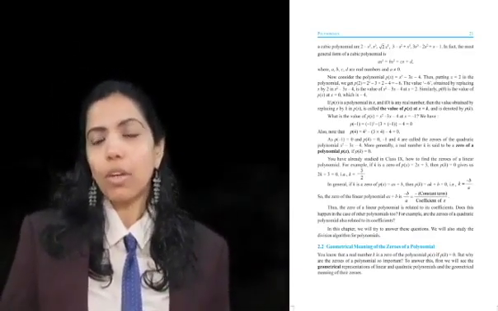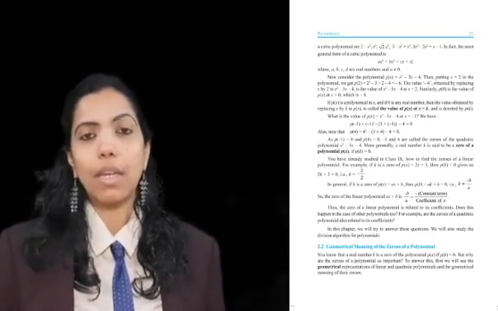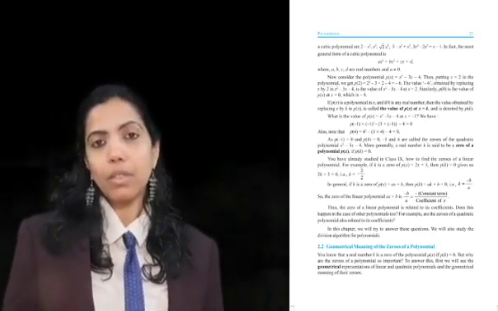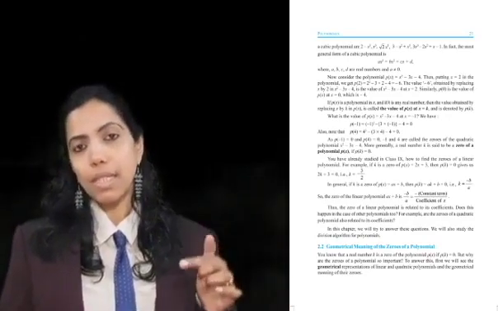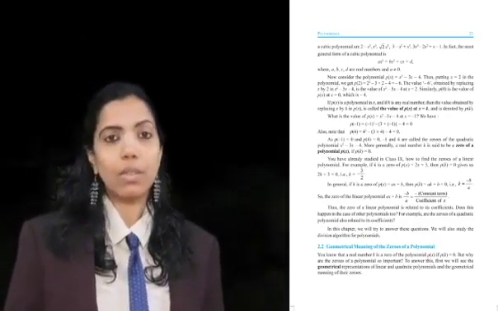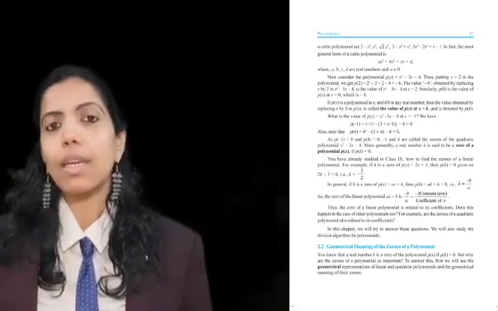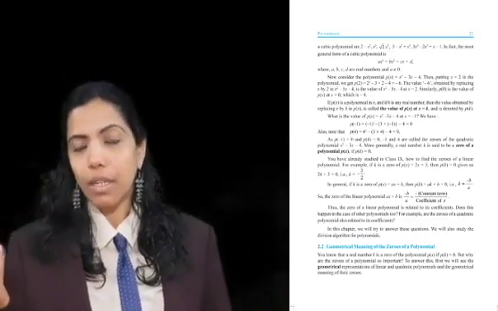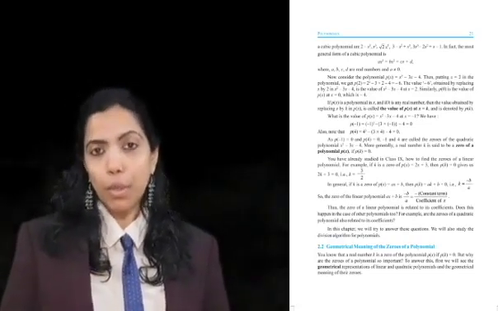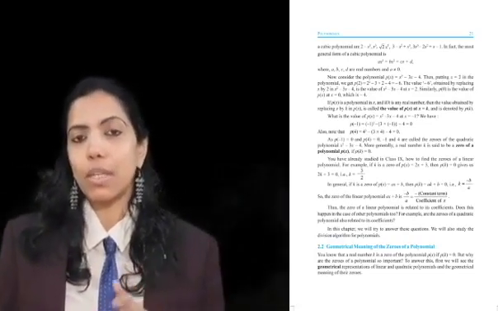Now, there is one more concept that comes along with the value of the polynomial. If the value of the polynomial turns out to be 0, because there is a chance to get 0 also, then I can say that x equal to 2, or x equal to that particular number, is the 0 of the polynomial. So, two concepts together we are having.